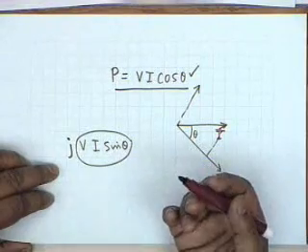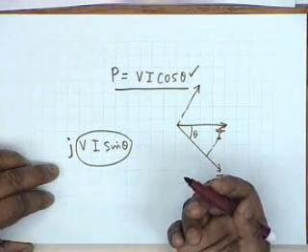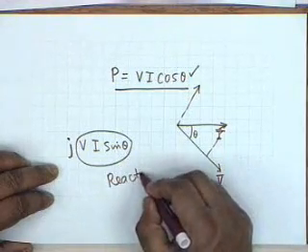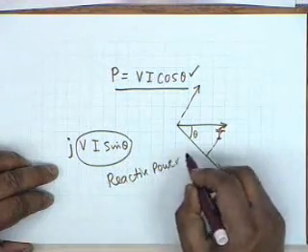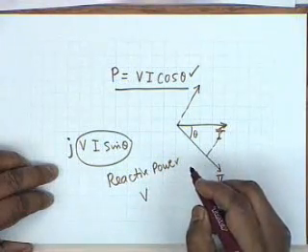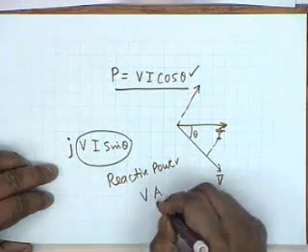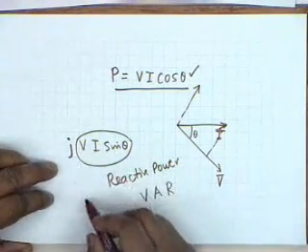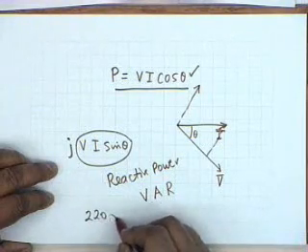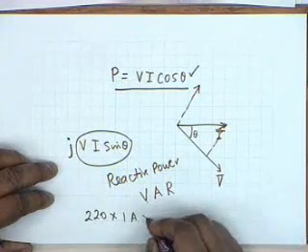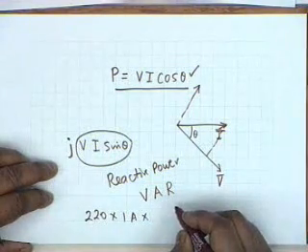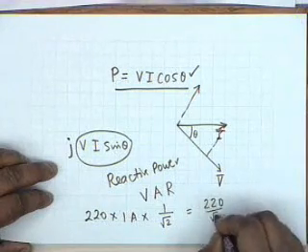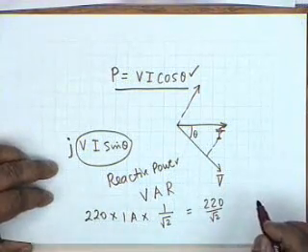In a reactance, average power is equal to 0, and this quantity is called the reactive power. Sometimes it's called VAR, that is volt ampere reactive. For example, if it is 220 volt, 1 ampere, and theta is, let's say, 45 degrees, then you get 1 by root 2, so this is 220 divided by root 2, and the unit, we don't say it is watts.